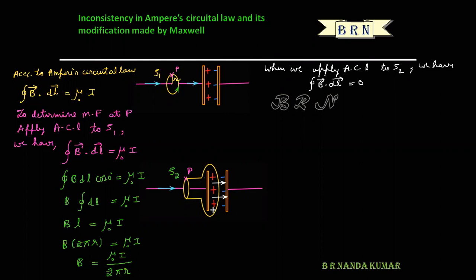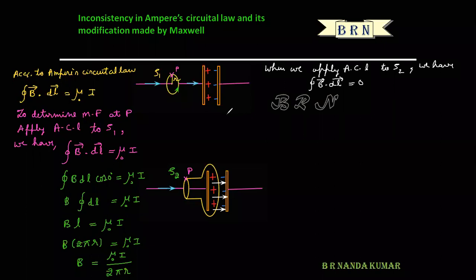So there is a uniform electric field between the plates. Here the time varying electric field produces a current that is called the displacement current. So what is the meaning of displacement current? Current produced due to time varying electric field.